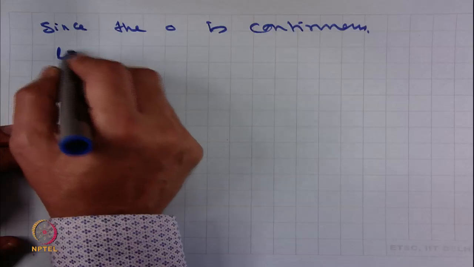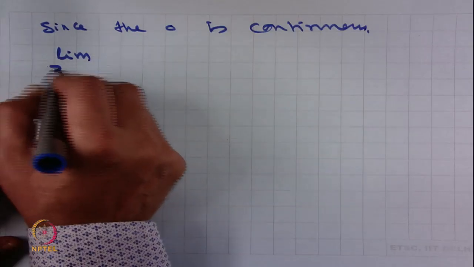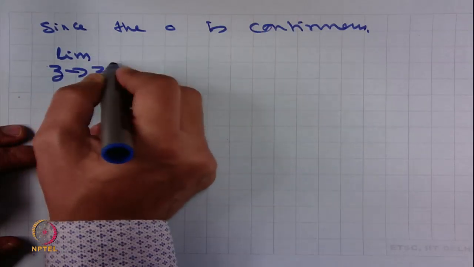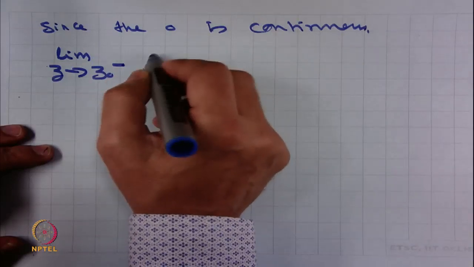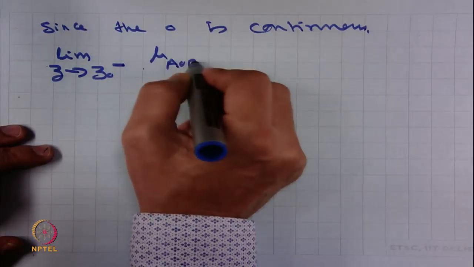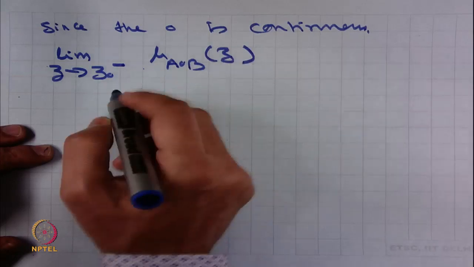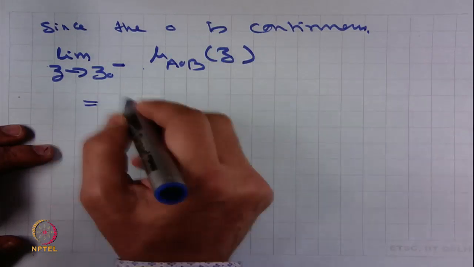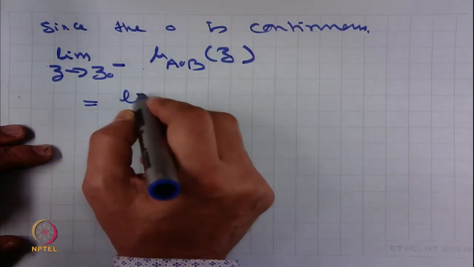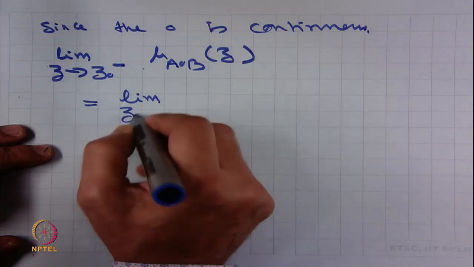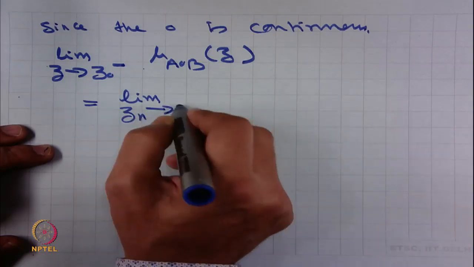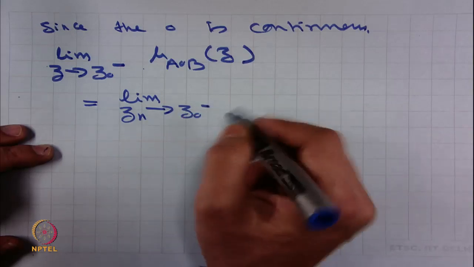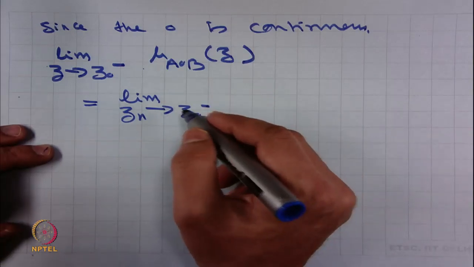therefore, limit z goes to z naught minus of mu A of B of z is equal to limit Zn going from z naught minus, because we have chosen all Zn to be less than z naught.